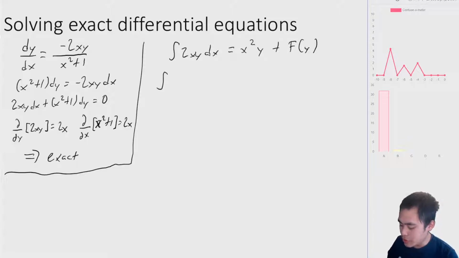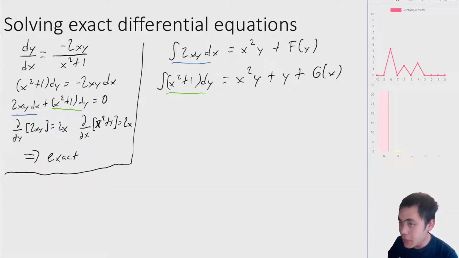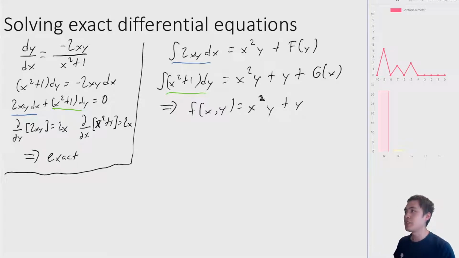And we do the other one, the integral of x squared plus 1 dy. So note that this is this one here, and this is this one here. This is equal to, again, an x squared y plus some function of x. And when you combine these together, you end up getting that f of x y is equal to x squared y plus y, a function f for which this is the total differential.